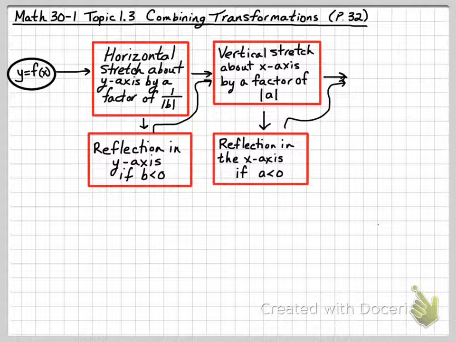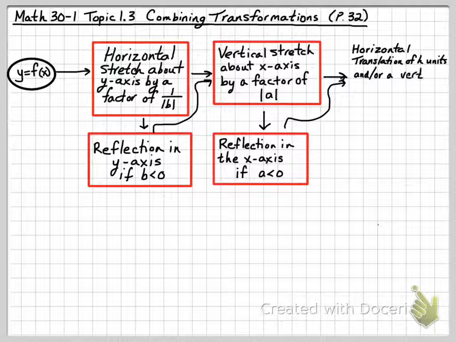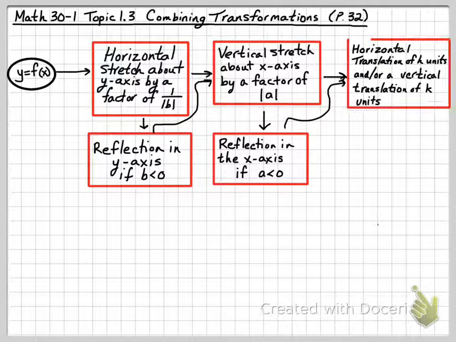After that, we're going to do our horizontal and vertical translations, or shifts. The horizontal translation is going to be h units, and the vertical translation is going to be k units. And that's from this equation, y equals a times f of b times x minus h, plus k.